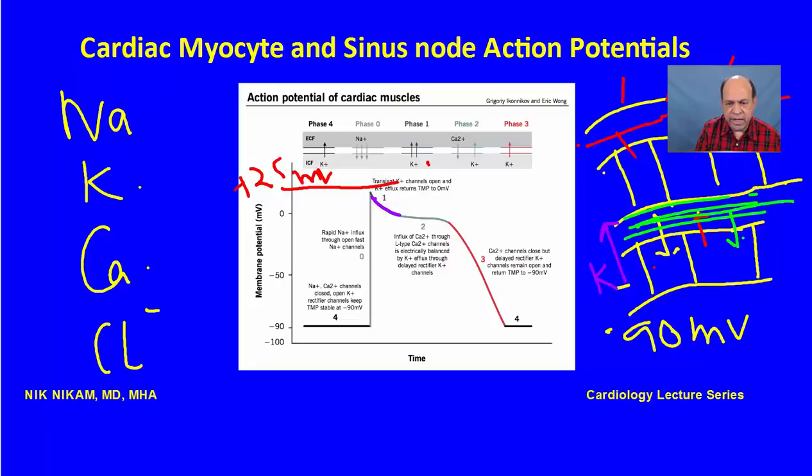That is followed by the third phase, which is the influx of calcium into the myocyte, and this is depicted here in green, which is the calcium channel.